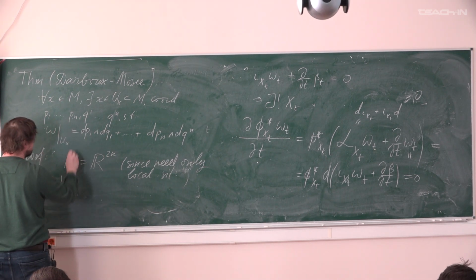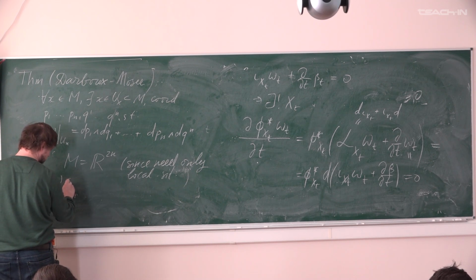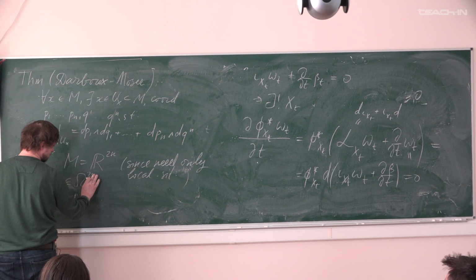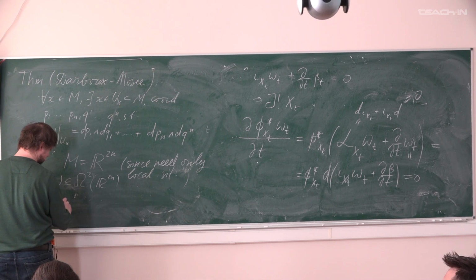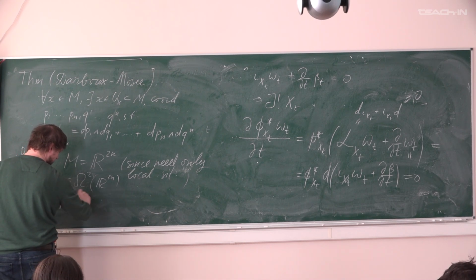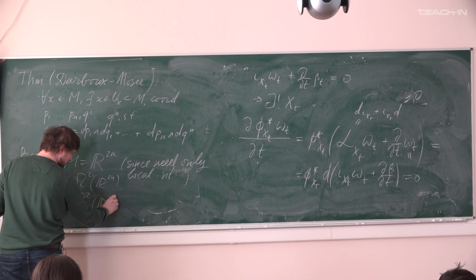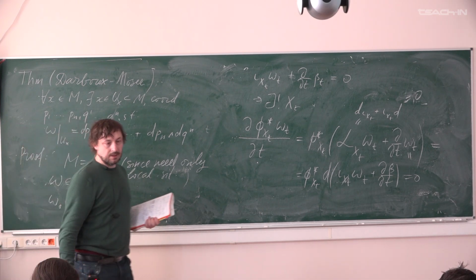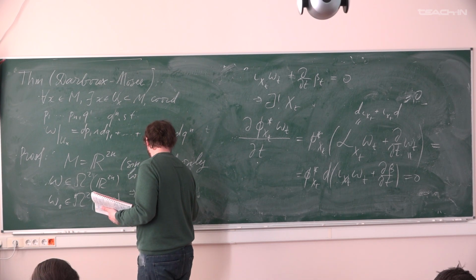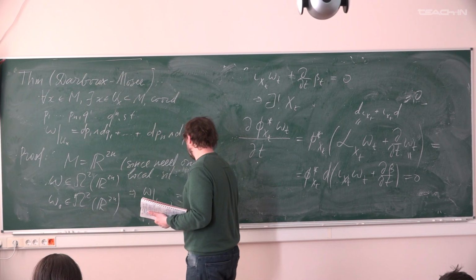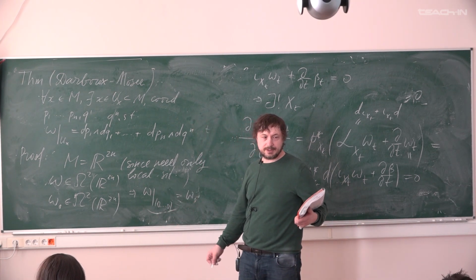So let ω be the given non-standard symplectic form on R^2n, and let ω0 be the standard differential form on R^2n. Without loss of generality, we can assume that when you restrict ω to the origin, you get precisely the standard form at this origin. You can do this by linear change of coordinates. It's not a problem at all.